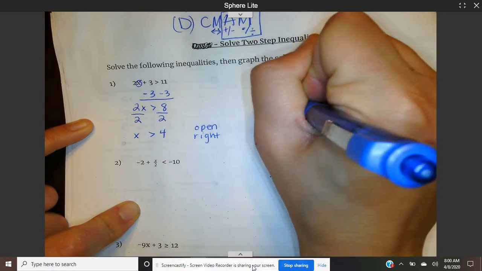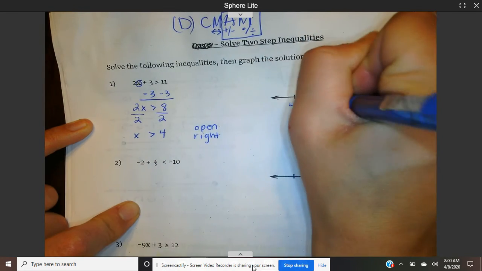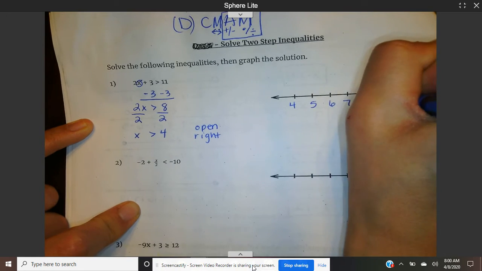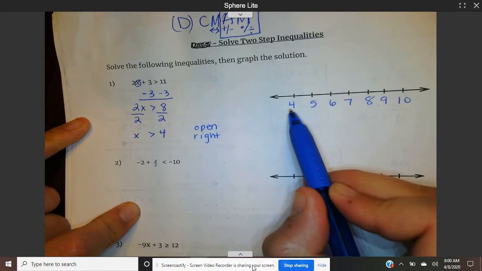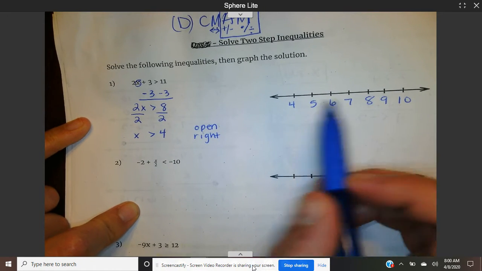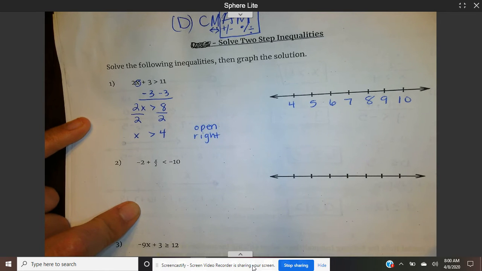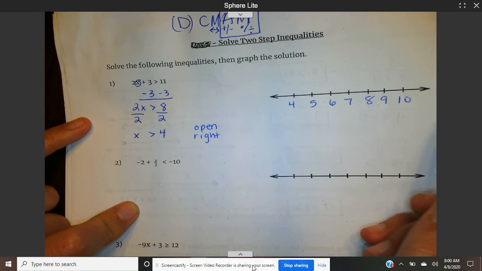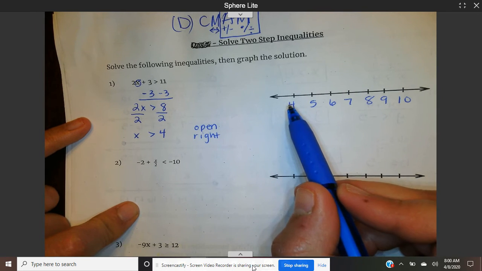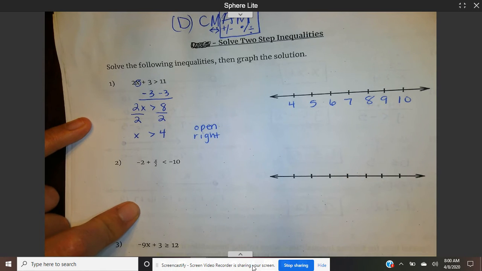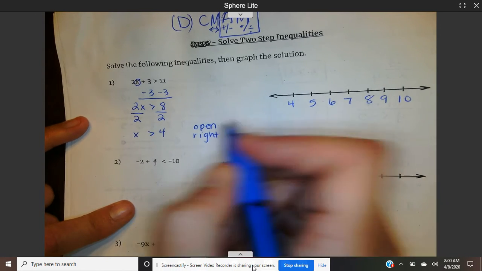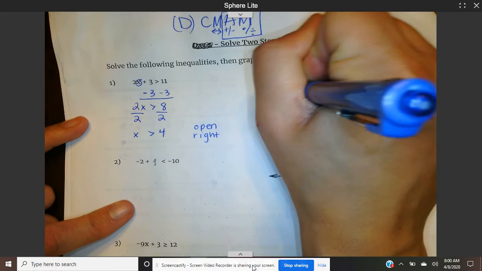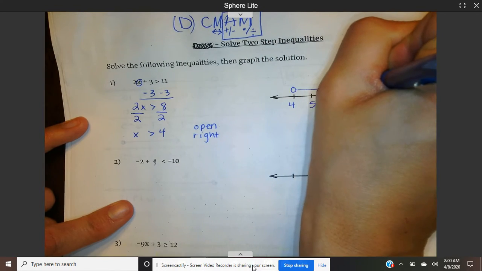Okay, so 4, 5, 6, 7, 8, 9, 10. Now these numbers do not matter to me. Okay, if you want to start with 0 all the time, as long as you have enough tick marks to get to the number that we need, you can go 2, 4, 6, 8 if you want. Doesn't matter to me as long as you can fit it on there. So it's going to be open and to the right.